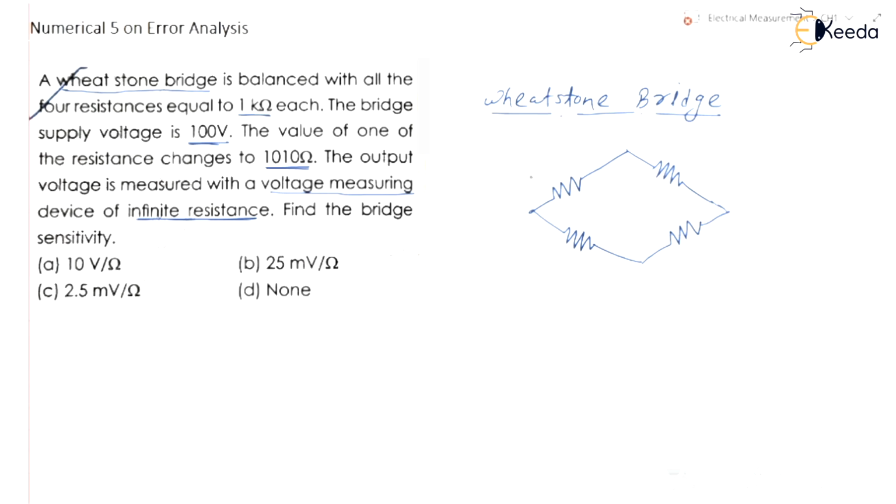Okay, initially all the 4 are considered as RA, RB, RC, and RD. Here, the voltage of 100 volt is connected. This voltage is 100 volt, and here between these 2 points we are having a voltmeter.